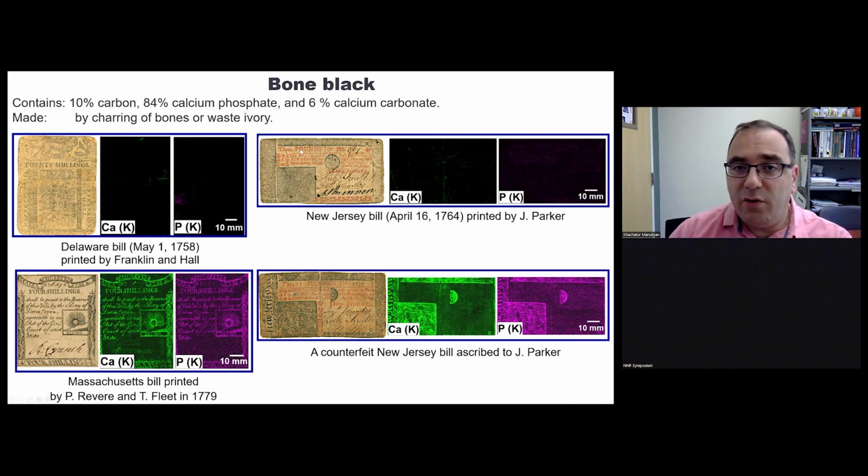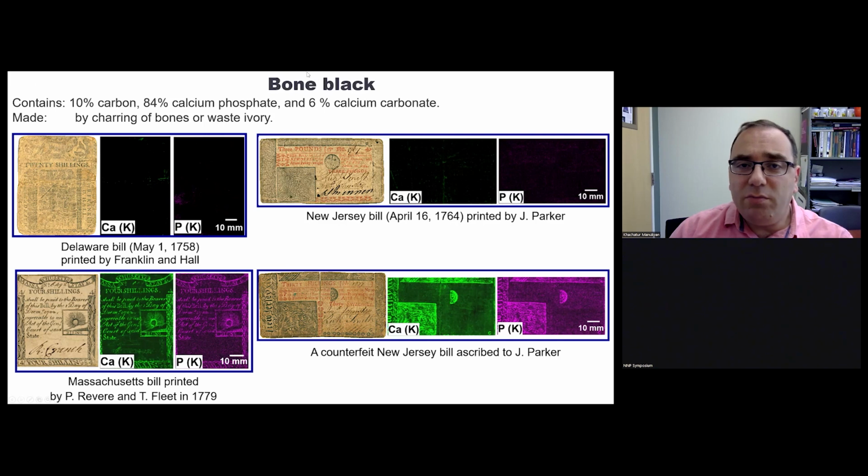So most of the colonial printers used this bone black, which was made by heating animal bones, because bones contain calcium and phosphorus as calcium phosphide, but they also contain a large amount of organic materials which pyrolyze and carbonize during heating.